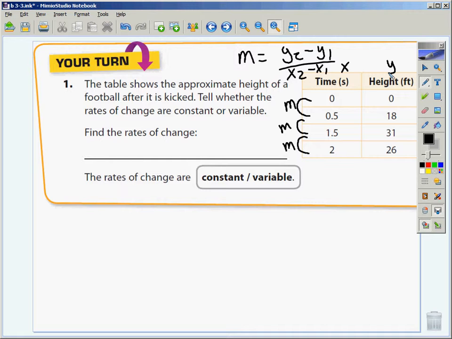So X is your time and Y is your height. By the way, X is independent. In other words, X can be anything time-wise. Y is determined by, in other words, it's dependent upon what? X. Okay? Now, with that being said, to calculate the slope of this first one, what would I do?